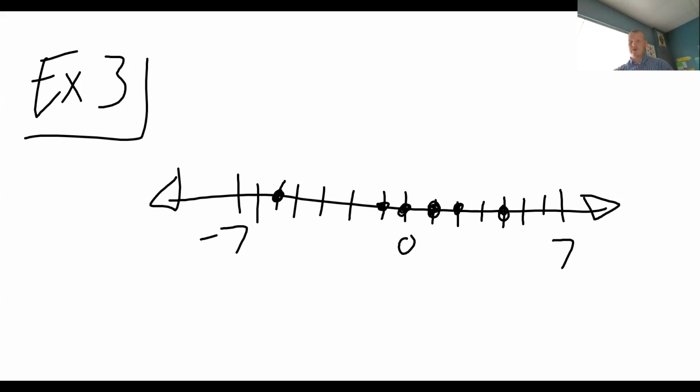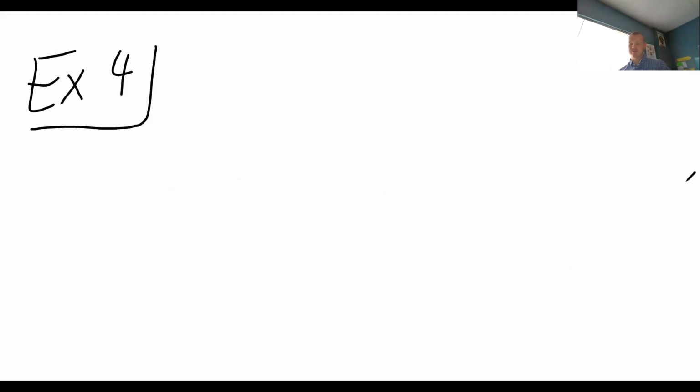So now we're going to get into the part that gets a little bit more tricky if you haven't worked with absolute values before. So example 4. First off, what's an absolute value? The absolute value of a number is the distance the number is from 0 on a number line. So -6 and 6 have the same absolute value. So what does that mean?